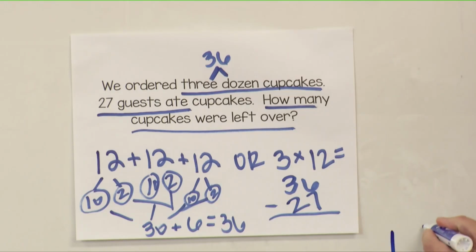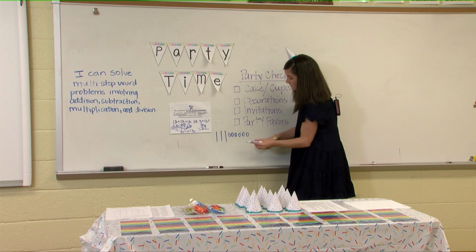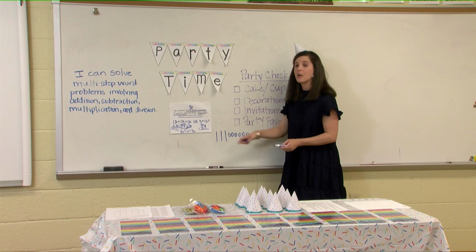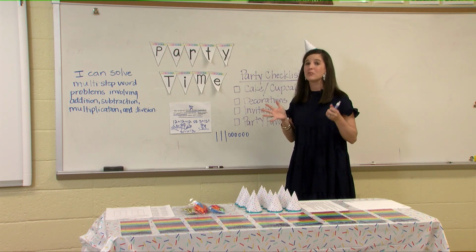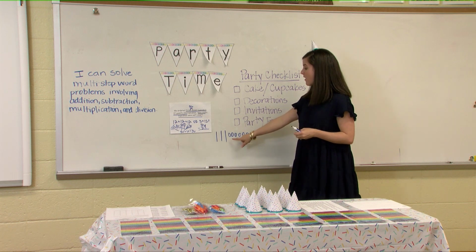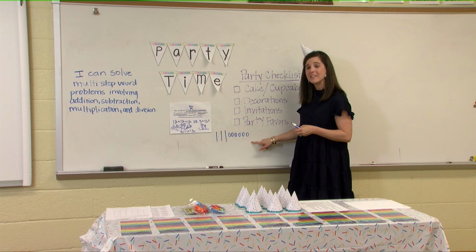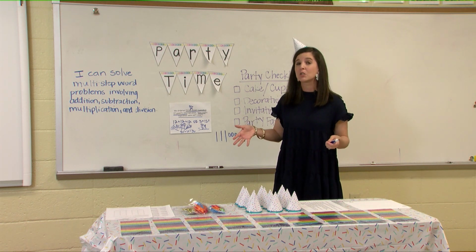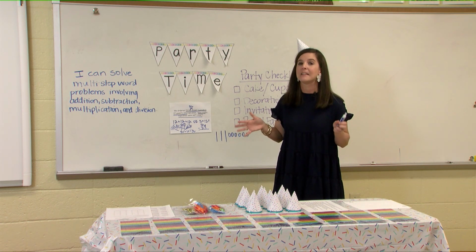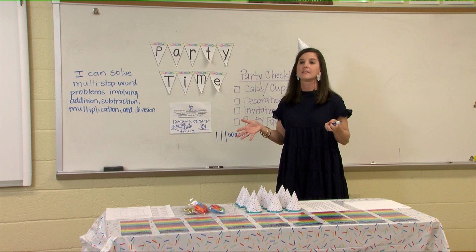So if I drew them with base 10 blocks, that would be 3 10s and 6 ones, okay? And so now if I subtract 27, I'm not going to draw 27 more. I'm just going to take 27 away. Well, we said we don't have enough ones. Is there a way that I can get some more ones? I know 36 is greater than 27, so there's got to be a way that I can do this.